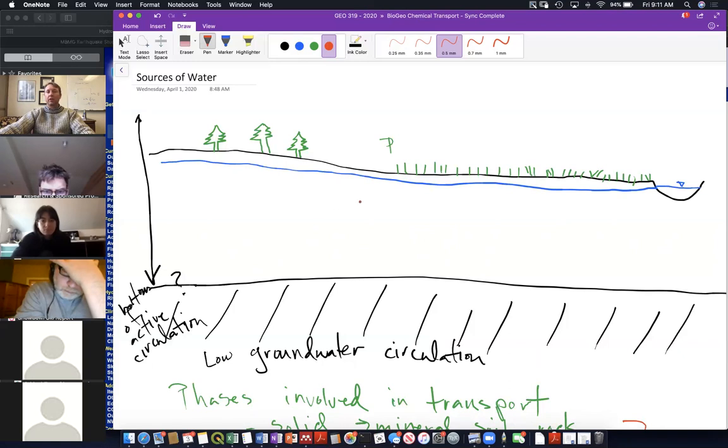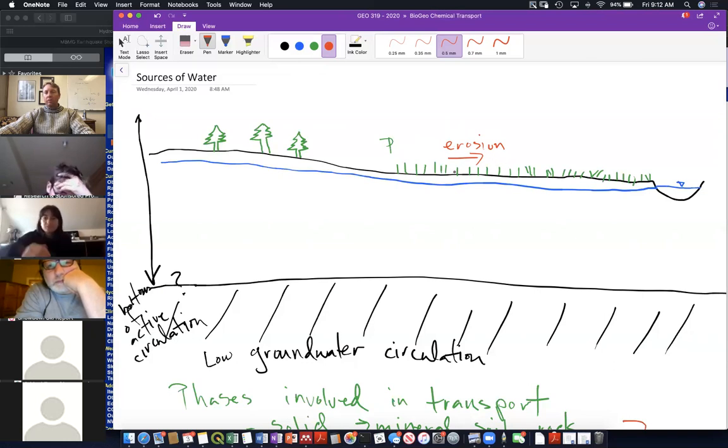What are they doing to pick up the sediment? They're eroding it. Erosion. All right, so we can erode. Erosion of water, or erosion and transport of sediment.